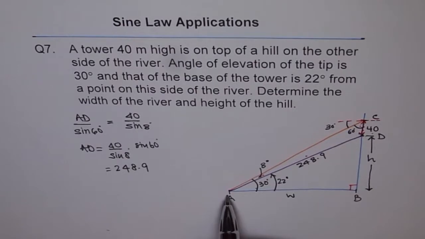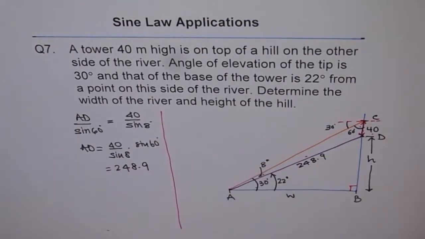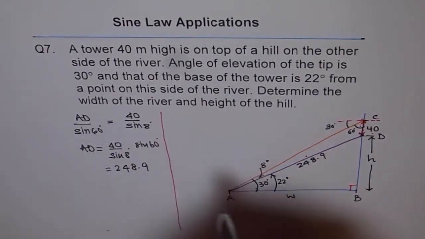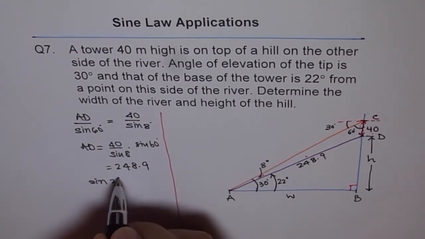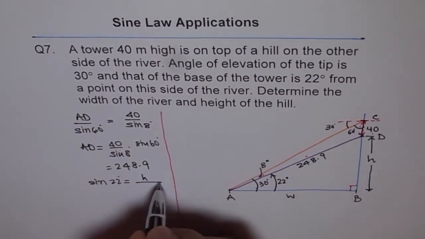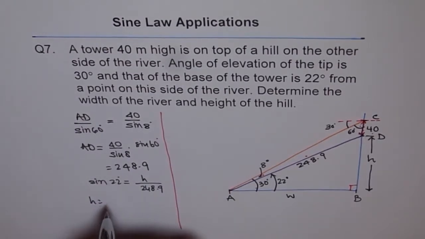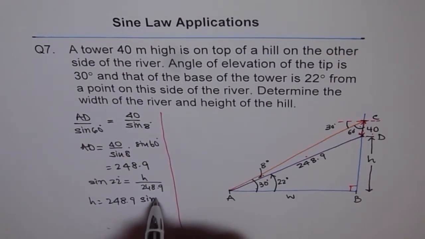So in triangle ADB, which is the right angle triangle, we say sine of 22 degrees is equal to h over 248.9. So h equals 248.9 times sine of 22 degrees.